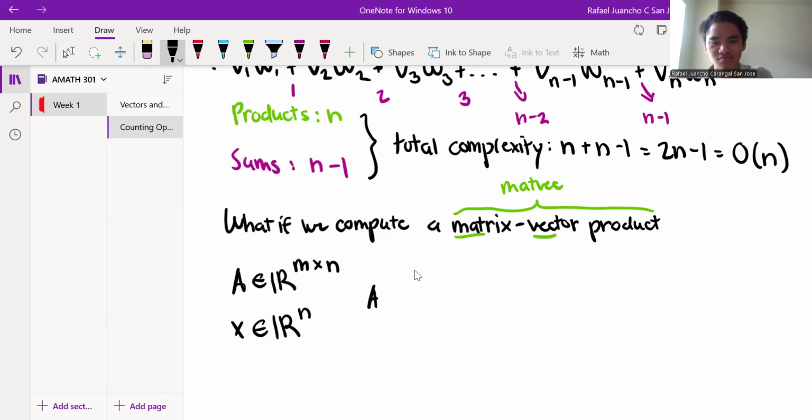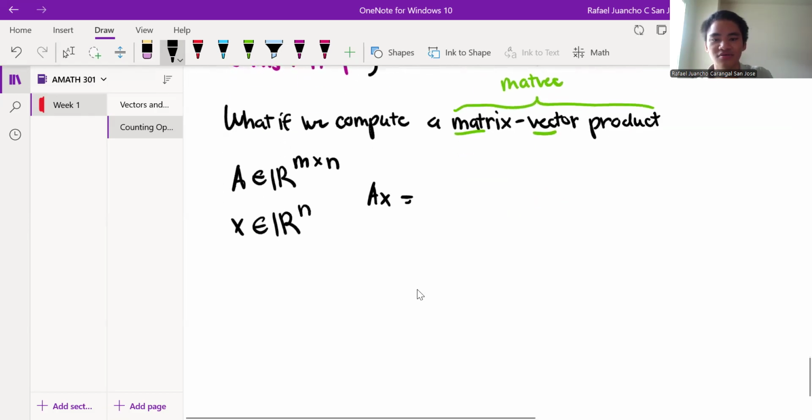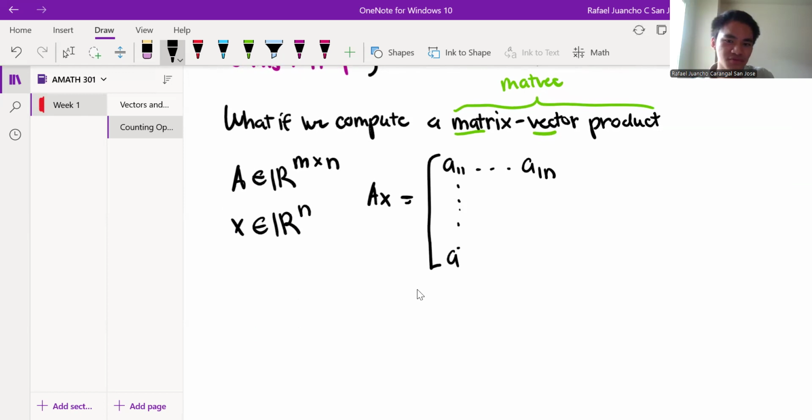And we say their product, the math-vec, is, we'll make it general, a11 all the way to a1n, down to am1 and then amn.